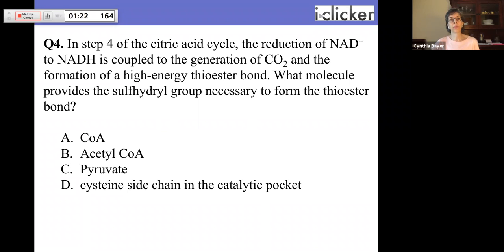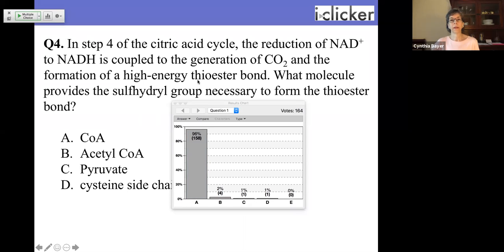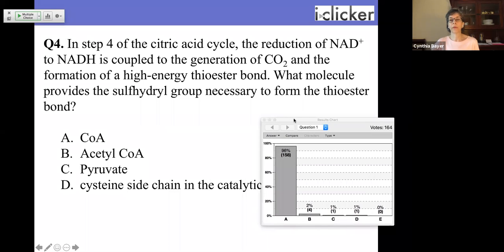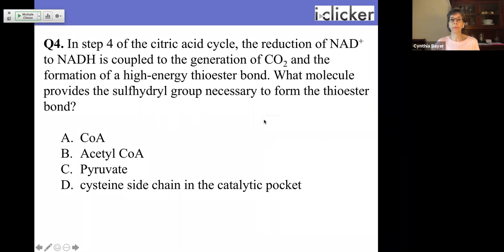What is the one molecule that we've talked about that has a sulfhydryl group, that can combine to form a high energy bond? And that would be our coenzyme A. So we've seen coenzyme A being added and removed a couple of times, right?